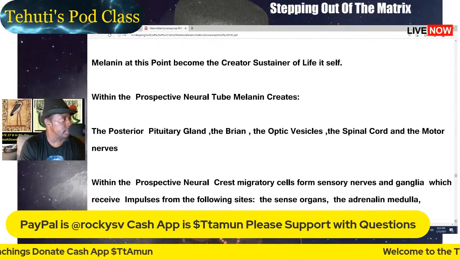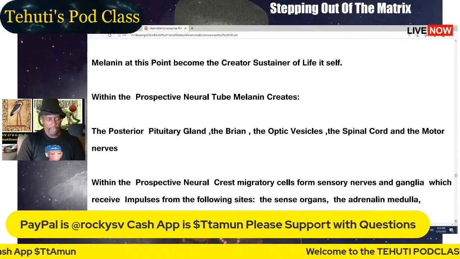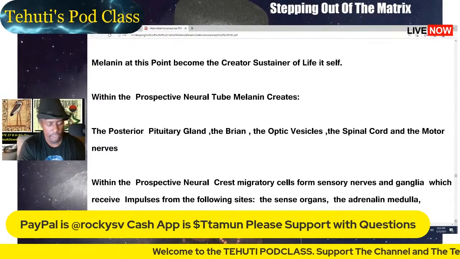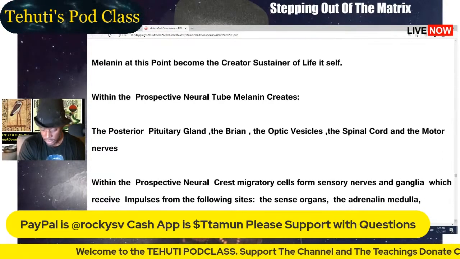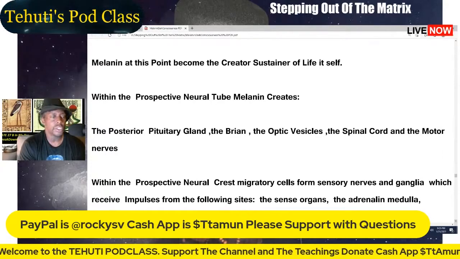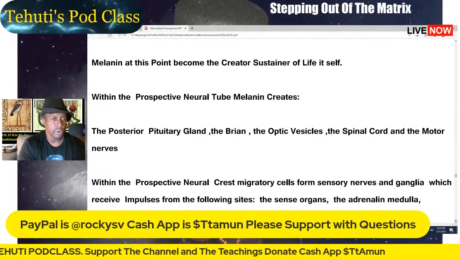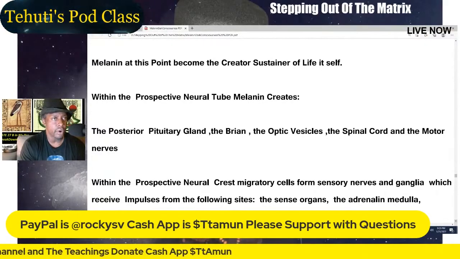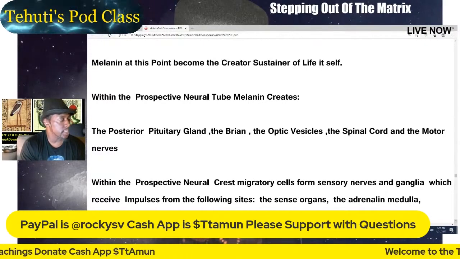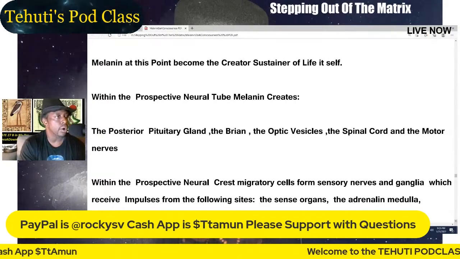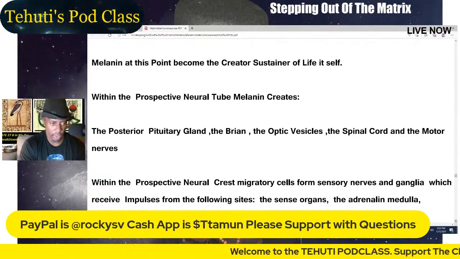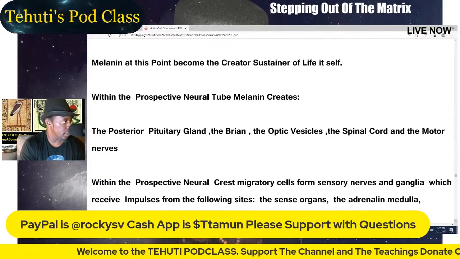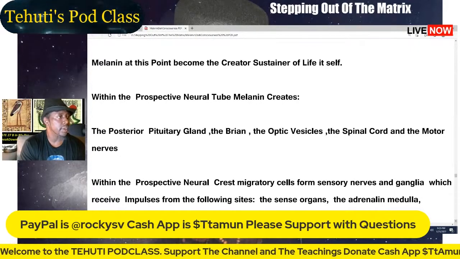Now, understand the pituitary gland at 7 weeks, which is the number 49, which is 7 times 7, produces corpus luteum, and corpus luteum is responsible for giving you your gender. That's when you become who you are in the physical form. You don't become who you are in the physical form until you have the gender. Okay, and that's what melanin is creating.